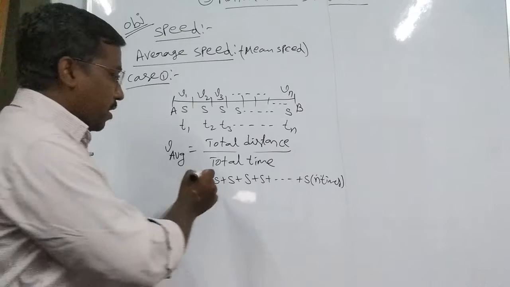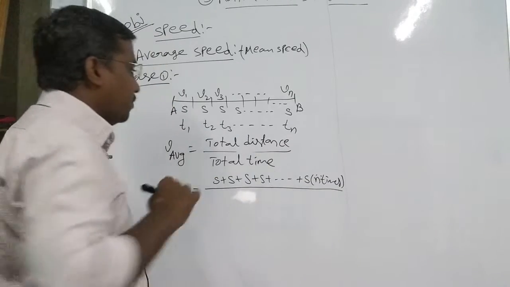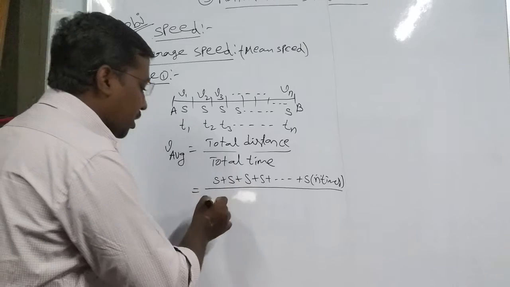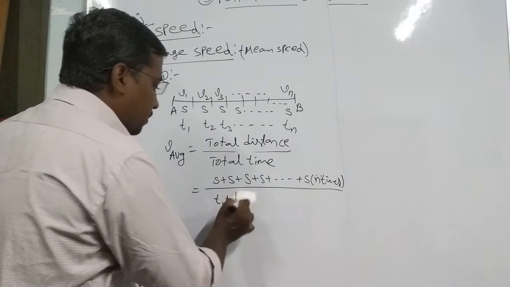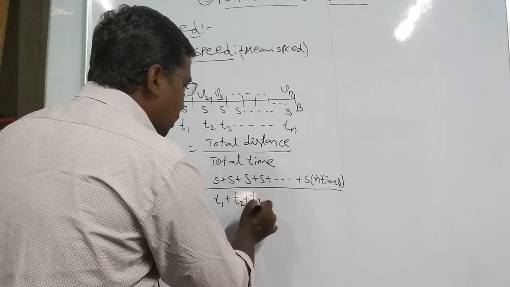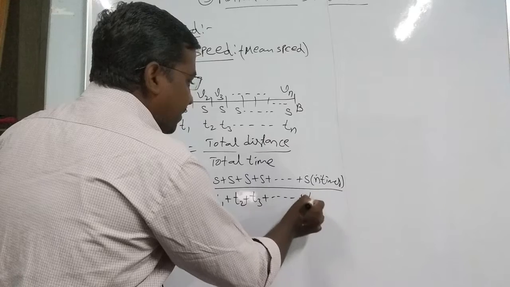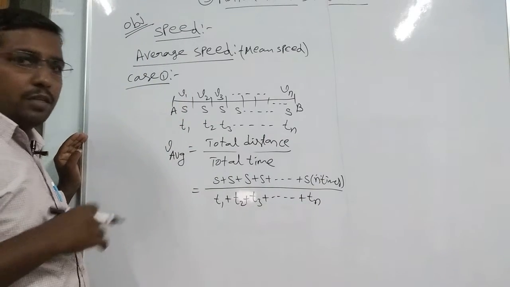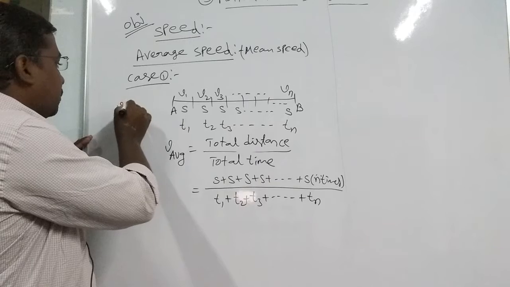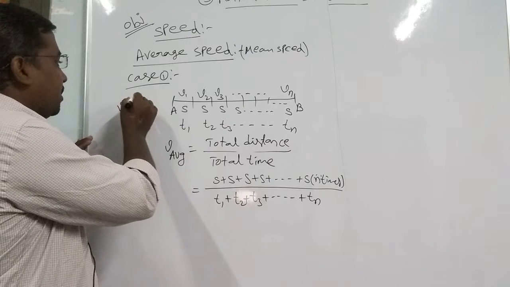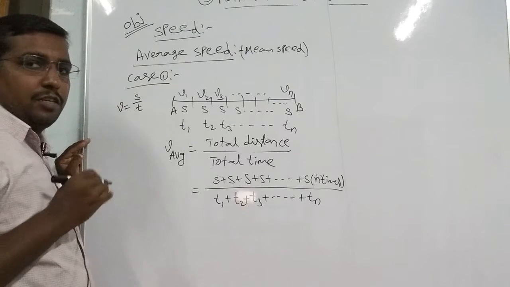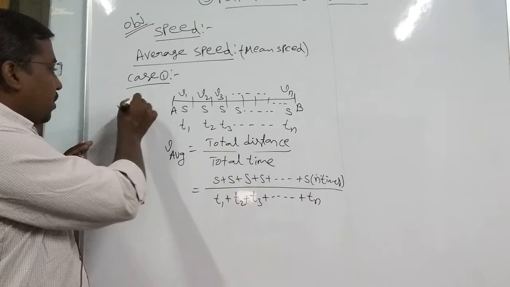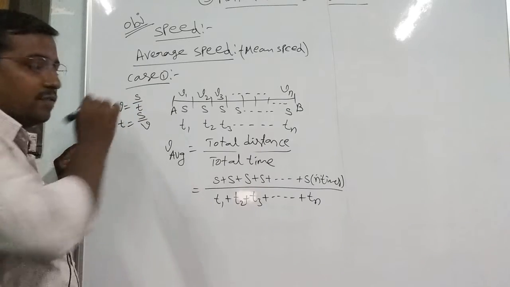By total time. What is total time? It is t1, t2, t3 and so on up to tn. So t1 plus t2 plus t3 plus and so on plus tn. We know that the velocity v or speed v equals distance by time, and time t equals distance by velocity.